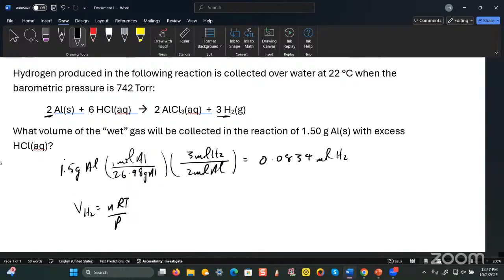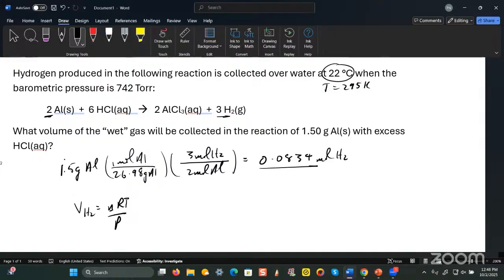A couple of things you're going to need: the number of moles of hydrogen, which is what we just calculated; and the temperature, which is given here, but has to be converted to Kelvin. So 273 plus 22, so 295 Kelvin. So T is equal to 295 Kelvin. R is a constant, always equal to 0.0821.